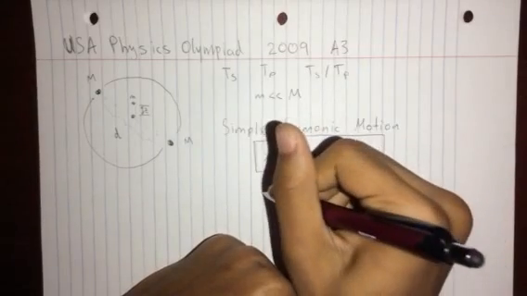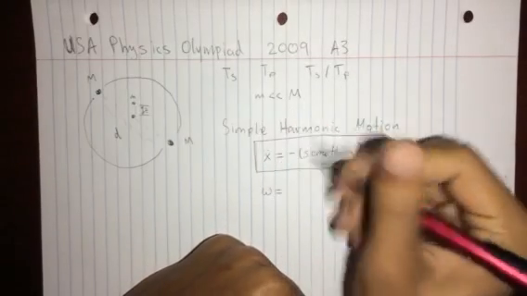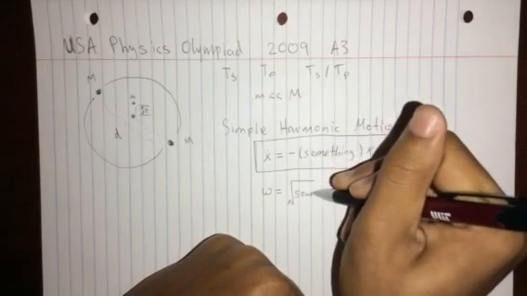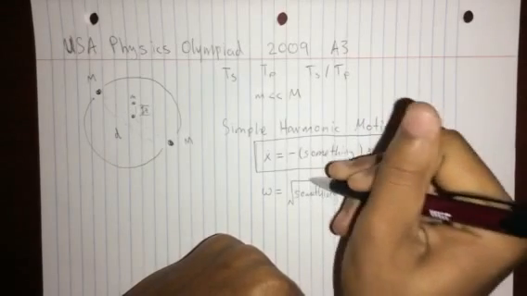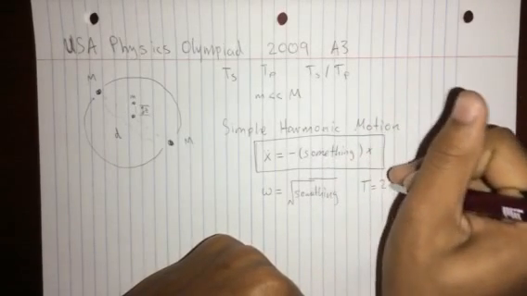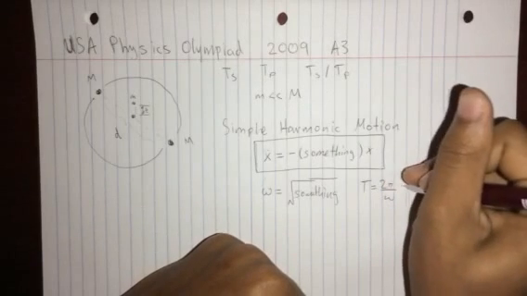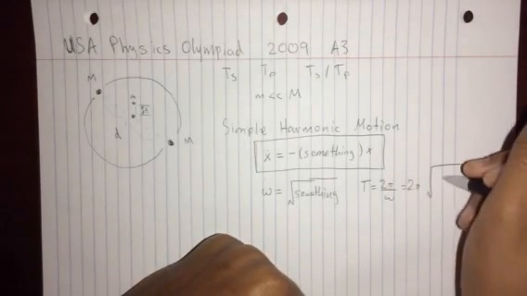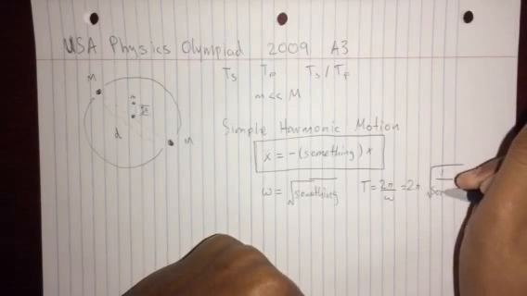Omega, your angular frequency, is the square root of something, and your period is 2 pi over omega, so it's 2 pi times the square root of 1 over something.